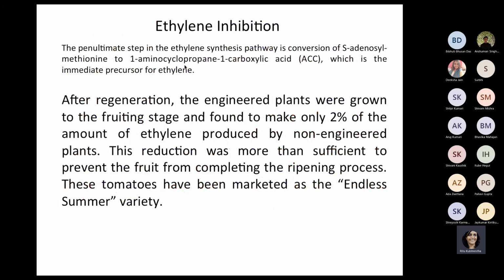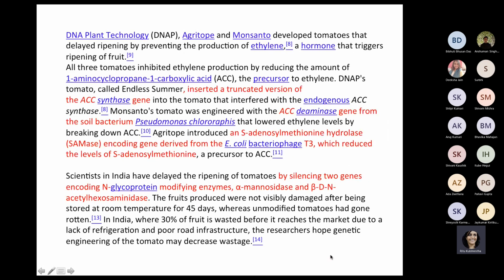So in fact, I'll tell you the various strategies that were used for ethylene inhibition. And this is some updated material that I got. Just to introduce you to the fact that how many different strategies are used to make a transgenic plant with a desired character. So in this case, the desired character is that somehow we have to decrease the expression of ethylene.